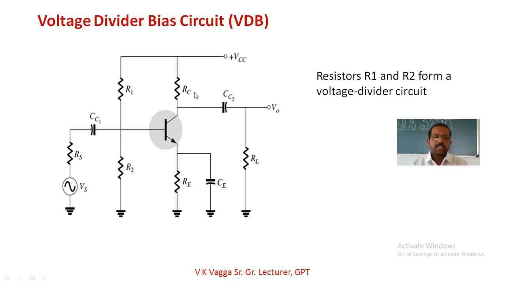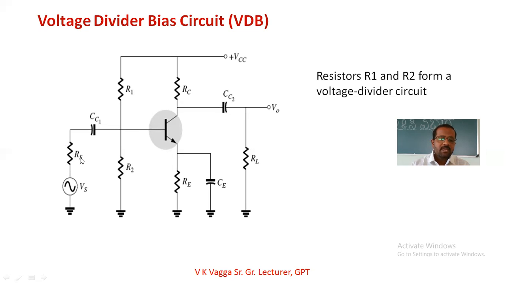If you take the arrangement of the circuit for DC load analysis as an amplifier, it is arranged in this way. This is the BJT amplifier, and R1 and R2 act as the base resistances arranged in voltage divider fashion. CC1 is the coupling capacitor, used to take the AC input and provide it at the base of the transistor.